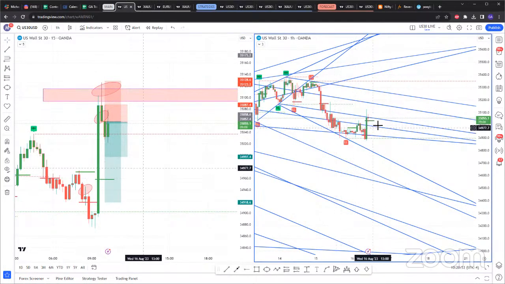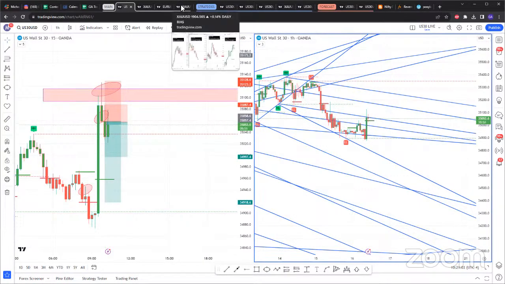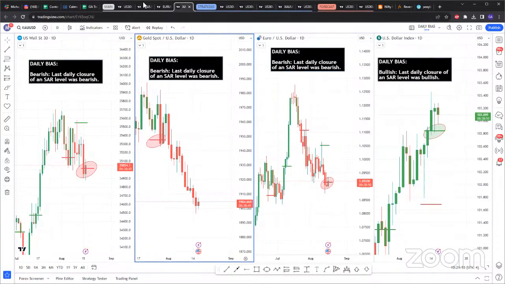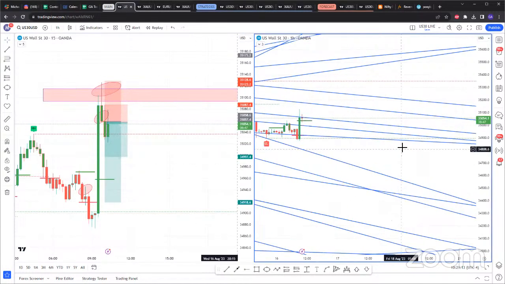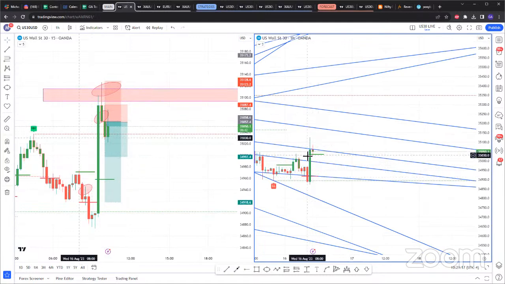But again, if I'm looking on the hourly, yes, it's telling me that this is the second candle that's closing above a green SAR on the hourly. But nowadays I just decided to follow the daily bias. It's been working well for me. But for anybody looking for buys on US 30, you can see here, this is a closure above a green SAR, and the current 1 hour candle is retesting.